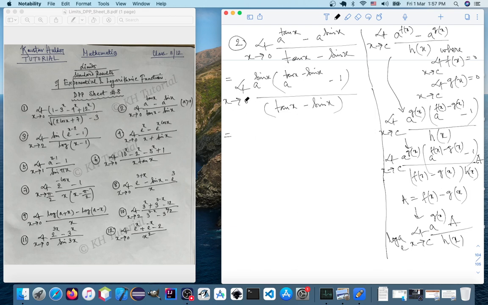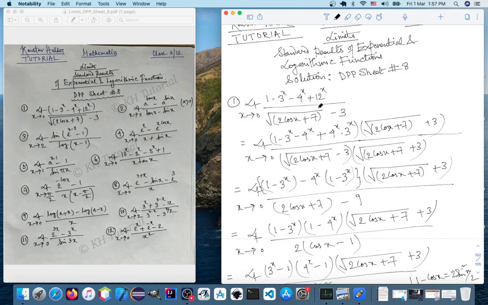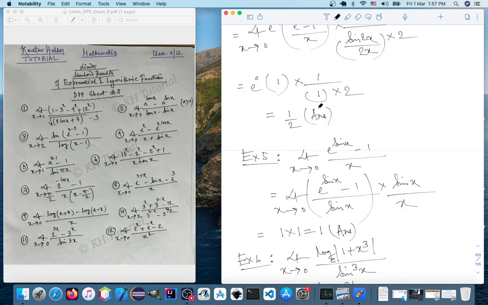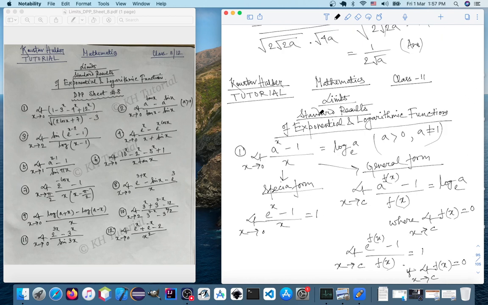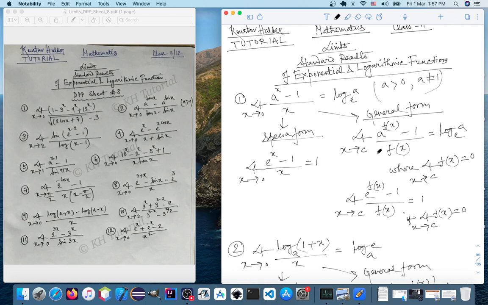Now, when x tending to 0, tan x minus sin x is tending to 0. This is of the form, the general form I discussed in the previous video, limit x tending to c of a to the power fx minus 1 by fx, where fx is tending to 0 when x tending to c. The value is a standard result we can apply, log e a.